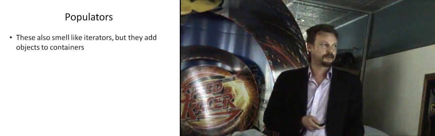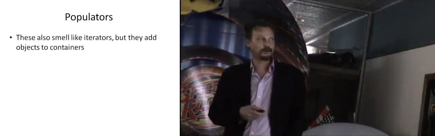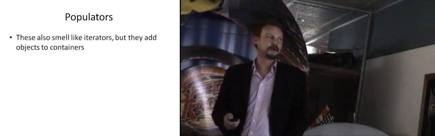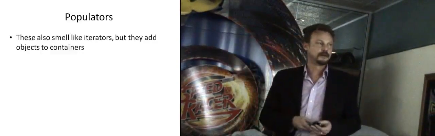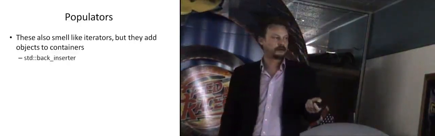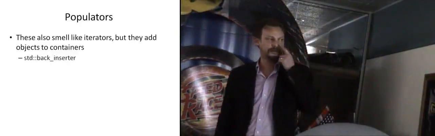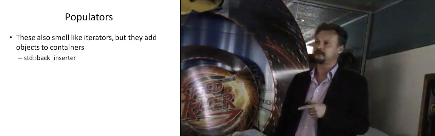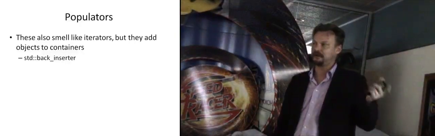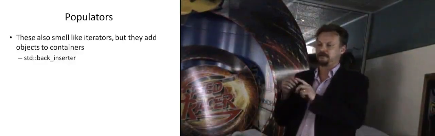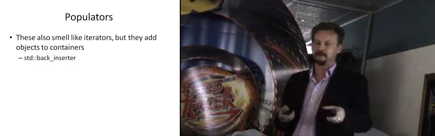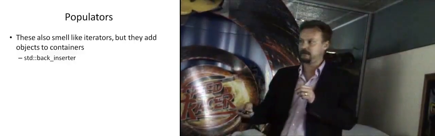There's also populators, which are also a form of iterator, but instead of specifying a range in an existing container, they add objects to containers. So we've got standard back inserter, and when you pass one of these as an output iterator, instead of writing it to a result, it'll add it to a container that you specify as an argument.